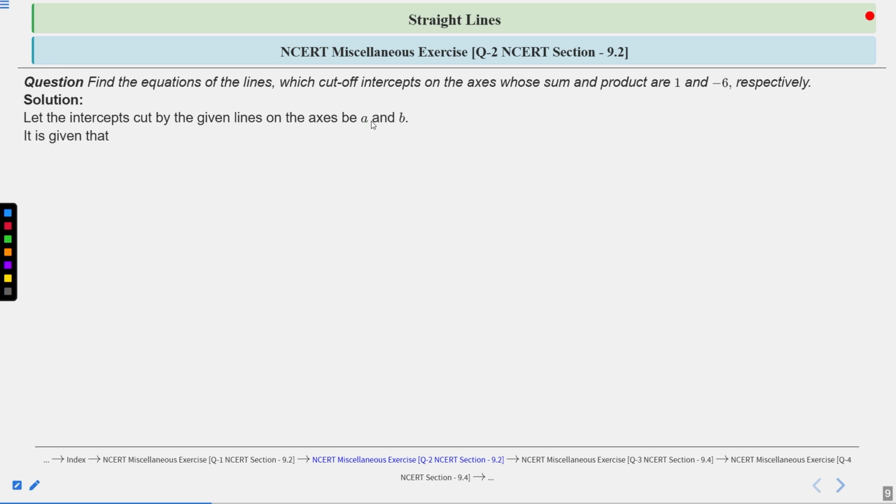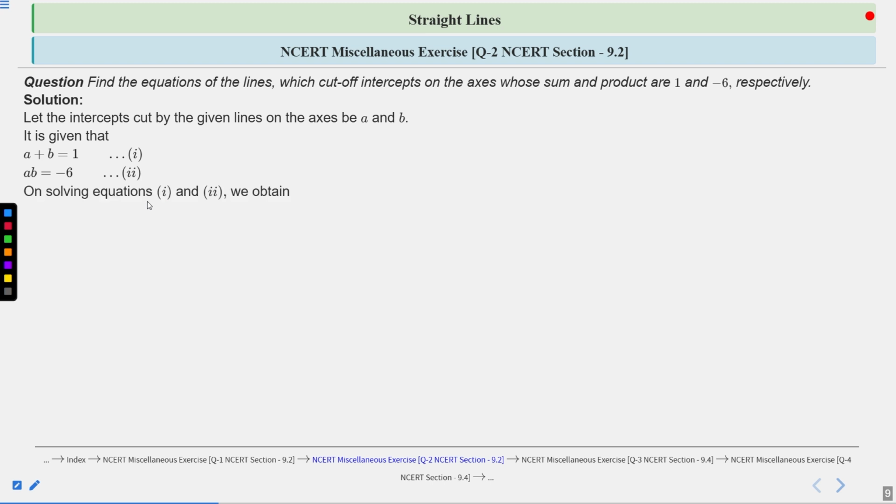It is given that the sum of intercepts is 1. That means A plus B equal to 1, naming this equation number 1. And the product of intercepts cut by the given lines on the axis is minus 6. So from this condition we obtain A times B equal to minus 6, naming this equation number 2.